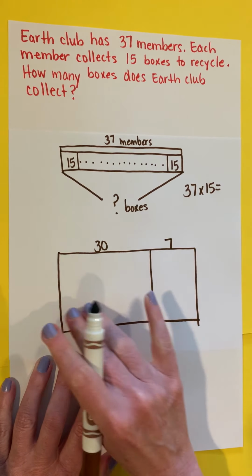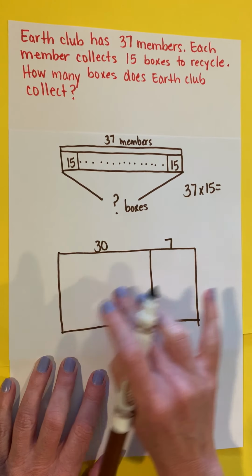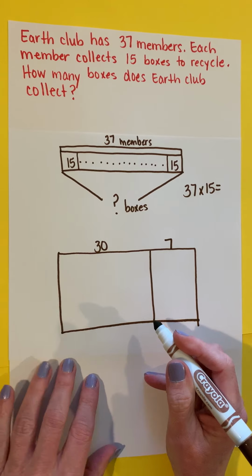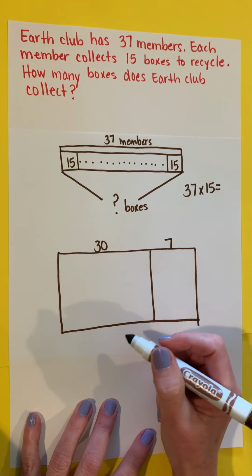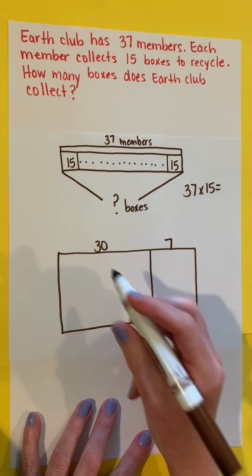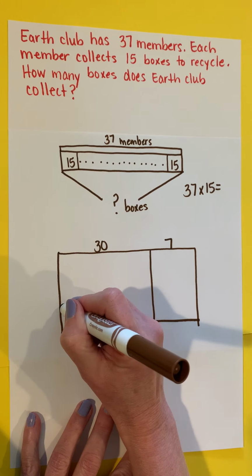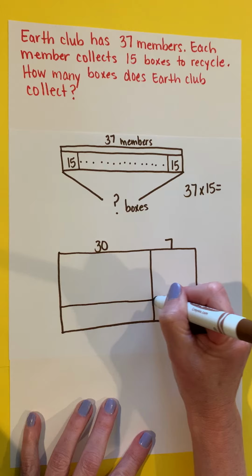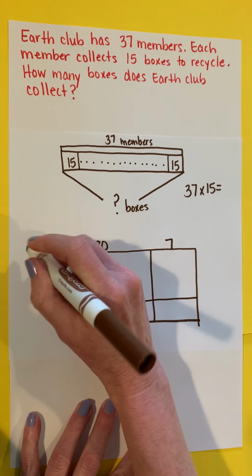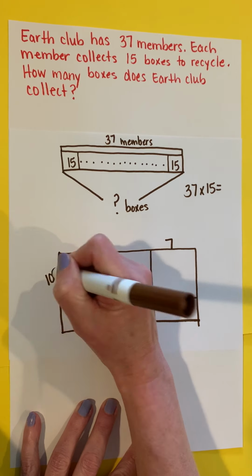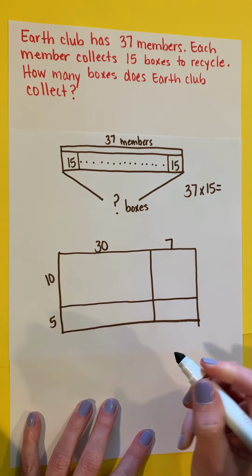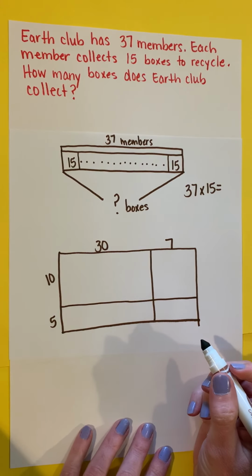So I make sure that my area model is representative of that. I also want to do the same thing when I'm thinking about 15, which is 10 plus 5. I'm going to put 15 along the side. Well, I know that tens are greater than ones. So now I have a better representation of what my answer should be.